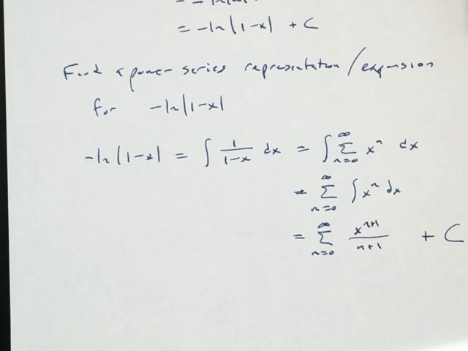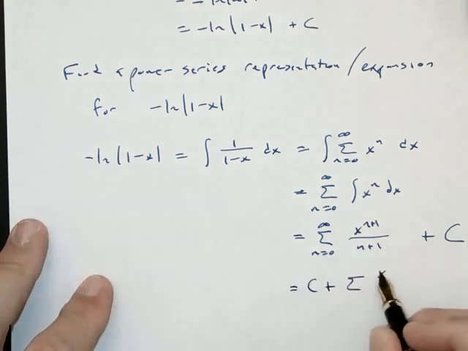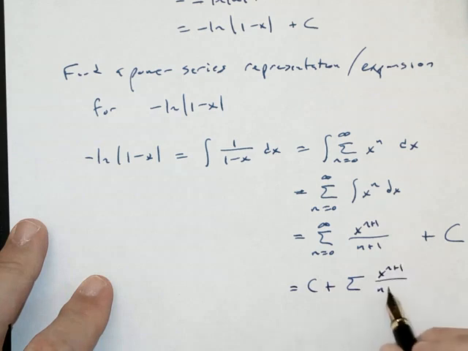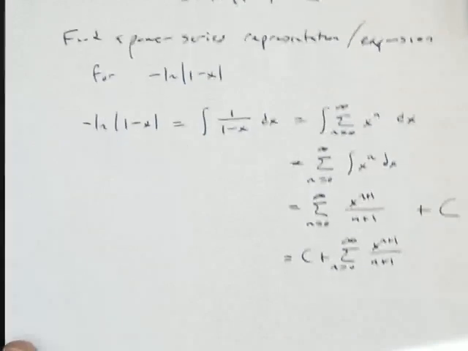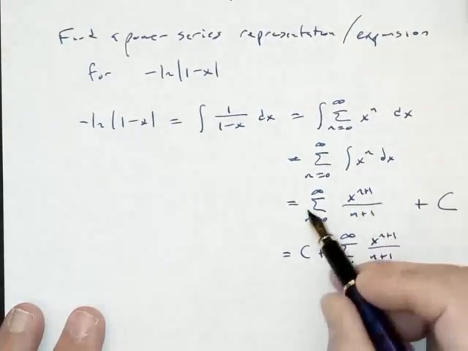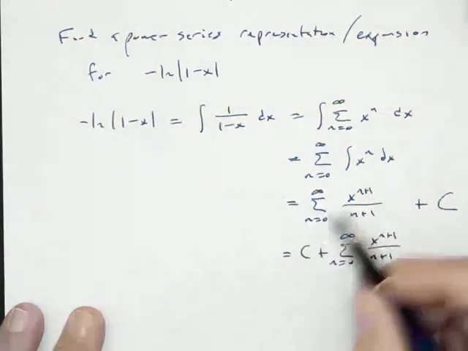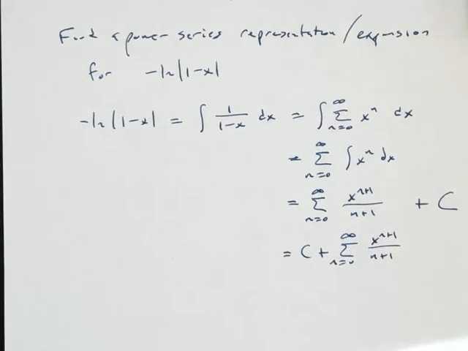Now, in order for me not to make myself crazy, I tend to put that c in front. So rather than write it here, I'm going to write it like this. Because then you can't tell whether it's part of this piece or it's being added to the whole thing. So you could put a big set of parentheses around this, but I think it's easier to just put the c in front.